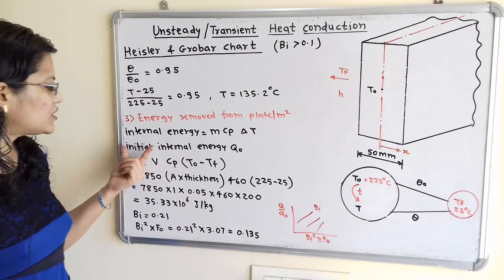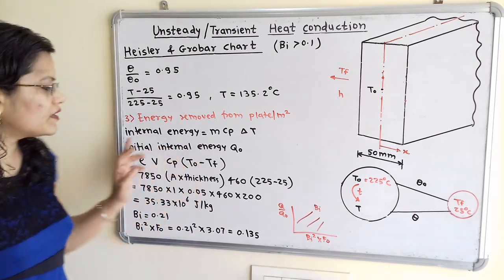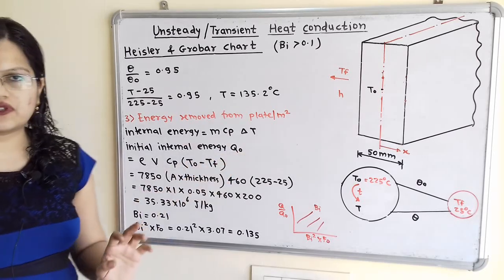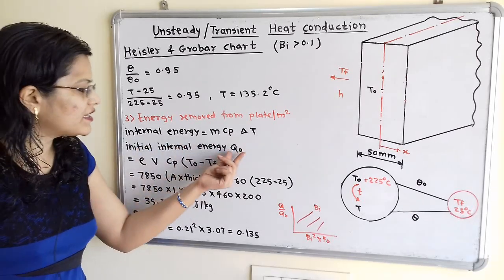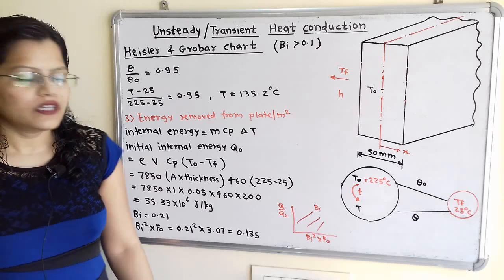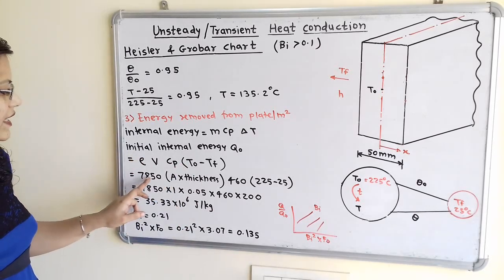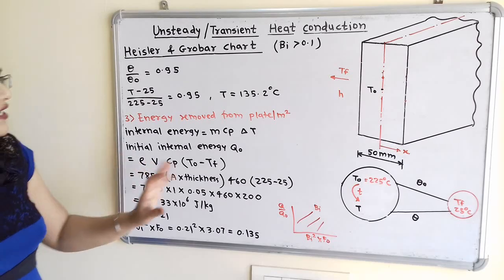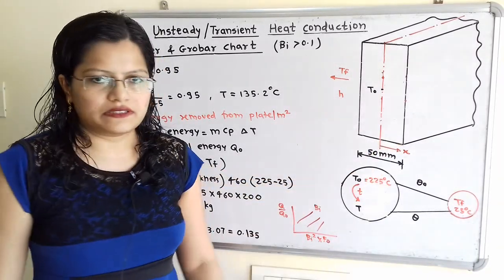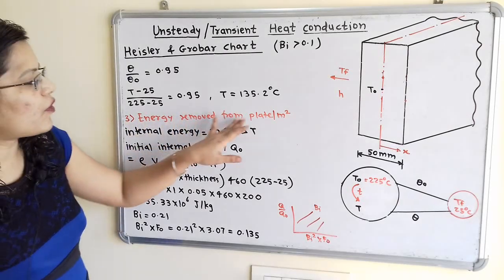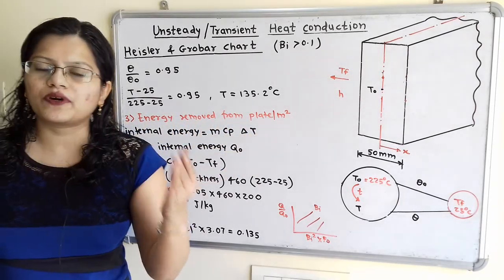So this initial internal energy, we will show here with letter Q0, that we can easily calculate. So rho density is 7850, volume is area multiplied by thickness. So what is the area? The question is energy removed from plate per meter square, that is per unit area.